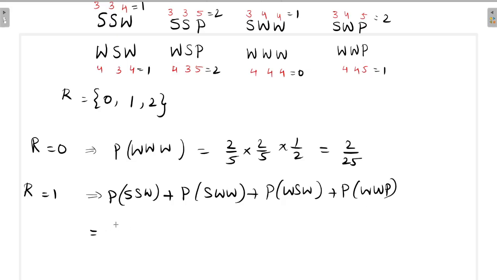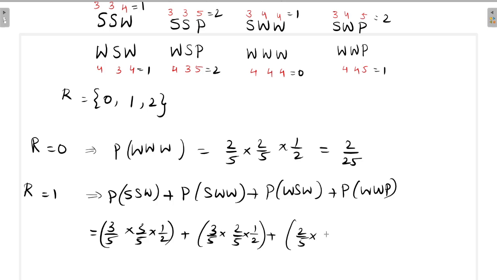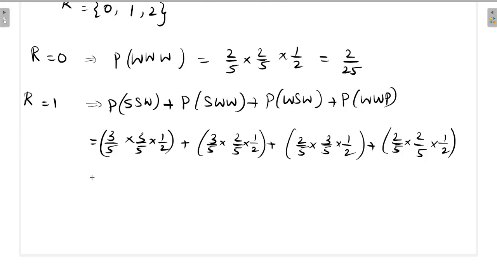So here the values are 3 by 5 times 3 by 5 times 1 by 2 plus 3 by 5 times 2 by 5 times 1 by 2 plus 2 by 5 times 3 by 5 times 1 by 2 plus 2 by 5 times 2 by 5 times 1 by 2. So this value, the simplified value, is 1 by 2.